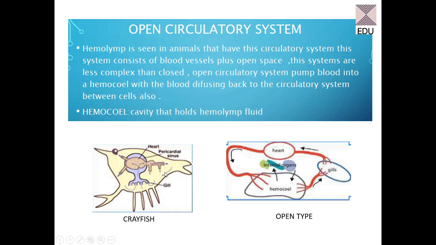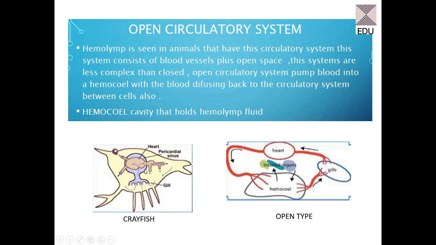So here, the organs use the oxygen and the nutrients, and the hemolymph comes back into the gills. This is the gill section for oxygenation, and after this oxygenation process, the hemolymph goes into the pericardial sinus.